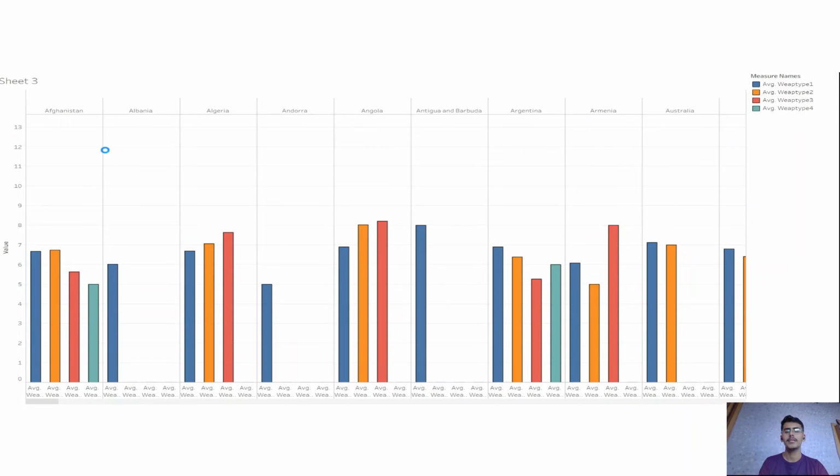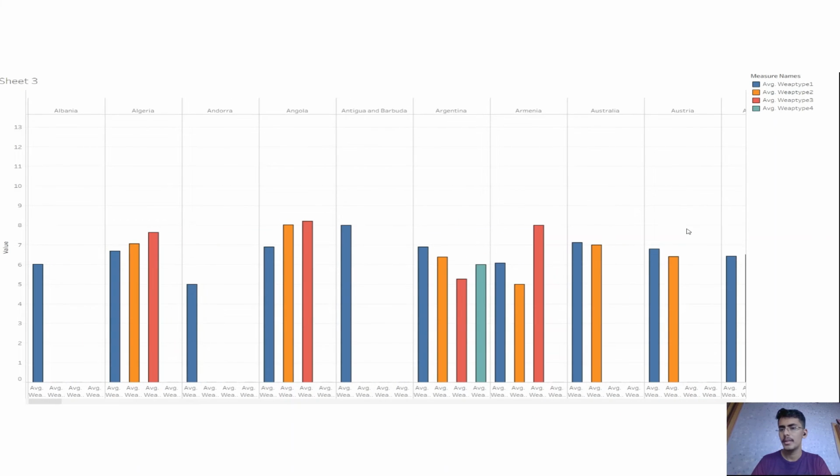For example, if I have to hijack something in the Middle East, where there are mostly long, huge buildings, I also have to use those types of attacks. In Afghanistan, weapon type 2 is mostly used, around 6.73. In Algeria weapon type 3 is mostly used. In Angola we also have weapon 3.